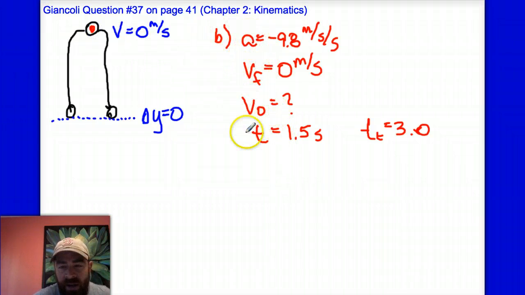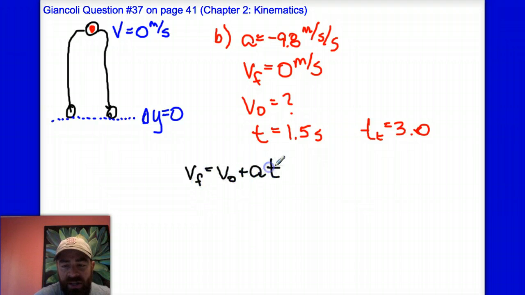All right, so we've got some things here that we can use. I can say, all right, well, v final is equal to v initial plus acceleration times time, and I should recognize that my v initial can be solved for.